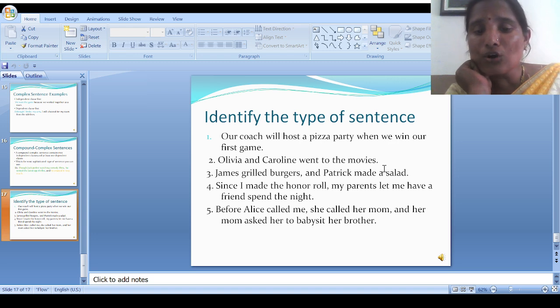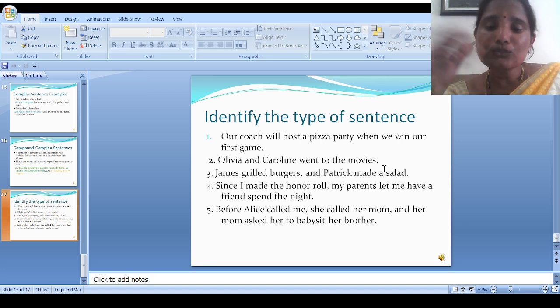Since I made the honor roll, my parents let me have a friend spend the night. Parents giving this boy a chance to spend the night with friends is the main clause.